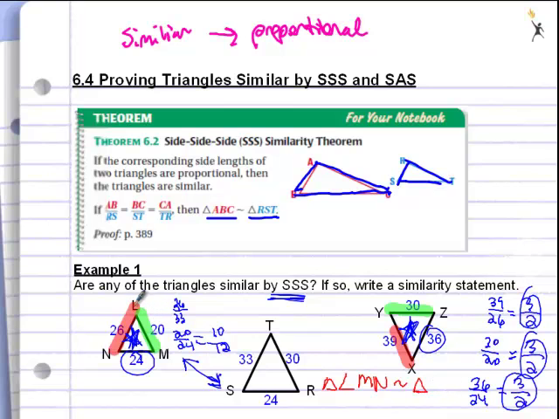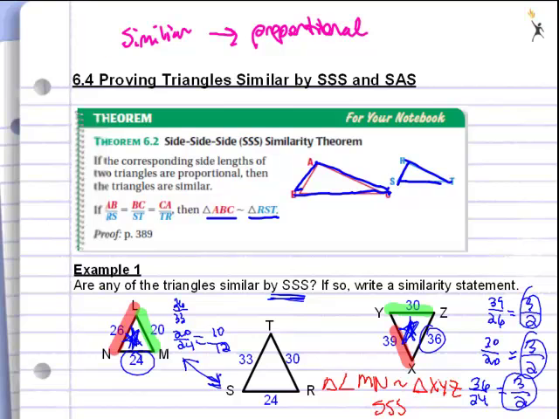Notice we went from the highest point clockwise. I need to go to the highest point, which is this one. Notice we didn't start at the base. We started at the highest point. So we're going to start with X, and we're going to go clockwise from there. X, Y, Z. And we've proven that these two triangles are similar by side, side, side.